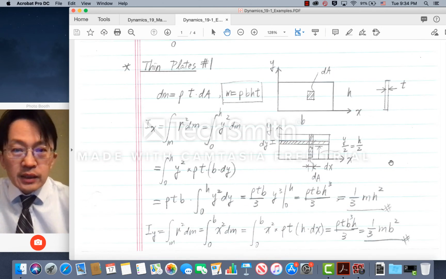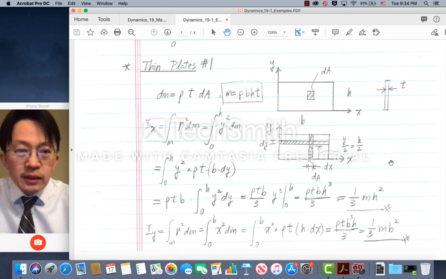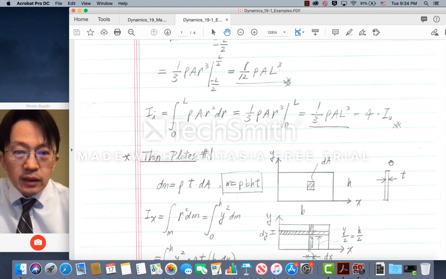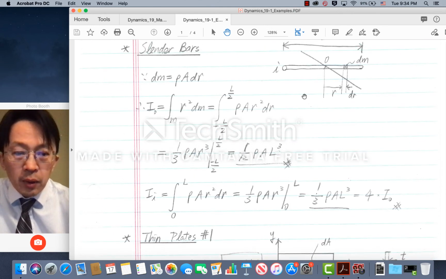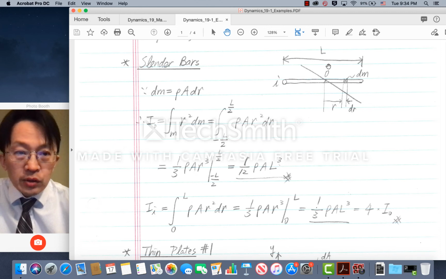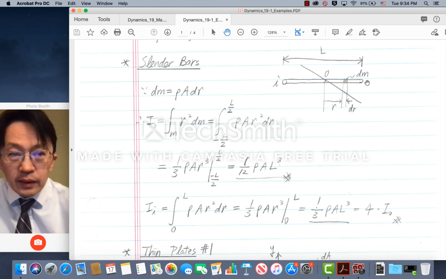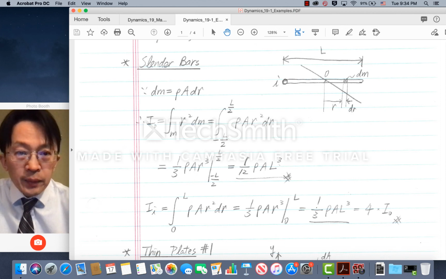Let's look at the next example. How about we consider the same plate? The difference between this case and the slender bar case is that in the slender bar case, we only have one dimension, the longitudinal direction, which is significant. The perpendicular direction, like we mentioned before, is the diameter of the slender bar, which we consider insignificant.